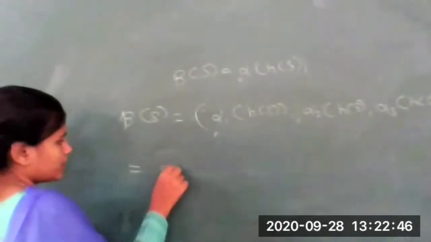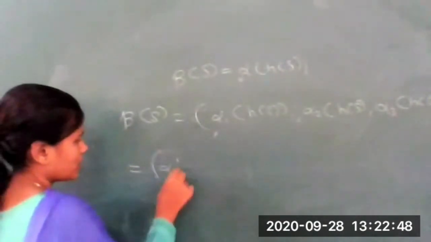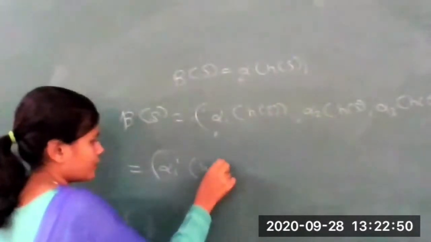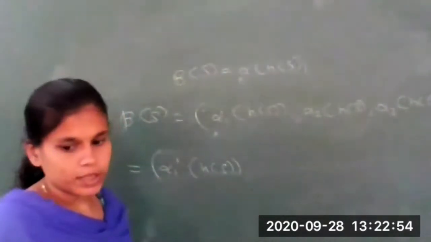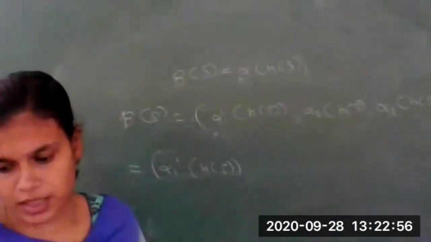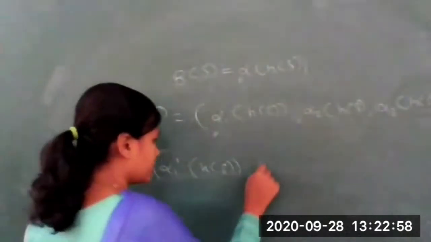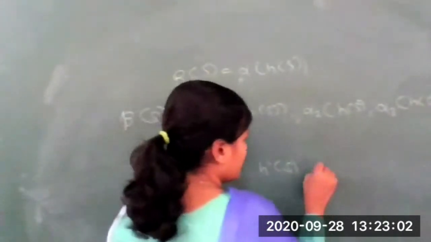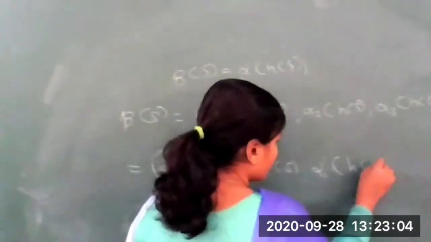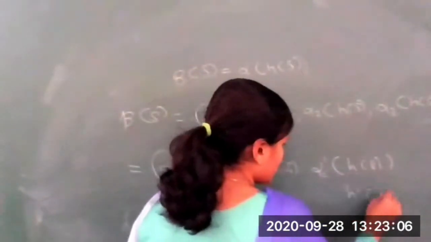So what will be the derivative? Alpha 1 dash of h of s into h dash of s. Next is alpha 2 dash of h of s into h dash of s.